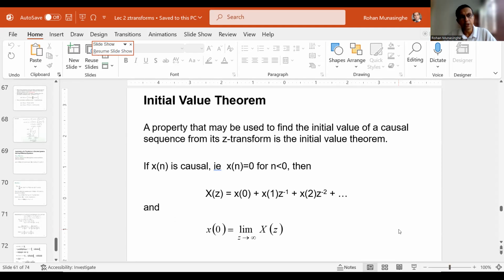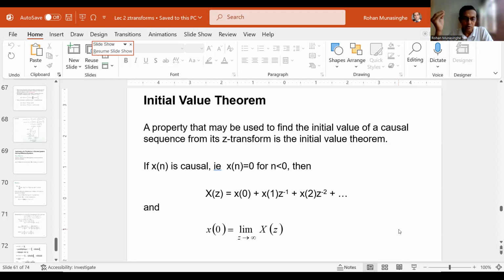And certain time domain parameters, if you want to calculate those parameters, signal values, etc., typically what you do is you transform from Z to time, right? And then you figure out your time solution.